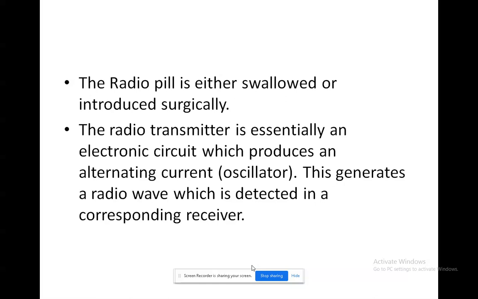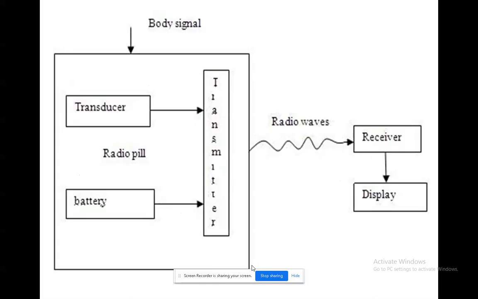This generates a radio wave which is detected in a corresponding receiver. On the receiver side, the generated AC signal, which is nothing but the radio signal, will be collected and detected by the corresponding receiver used in the device. See here, this is the picture of the radio pill system.